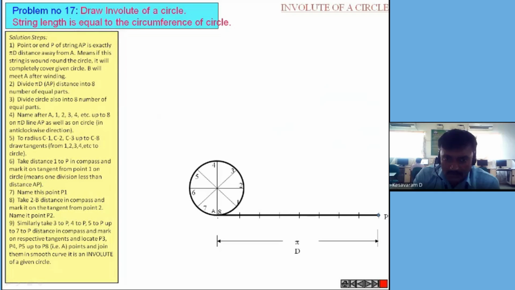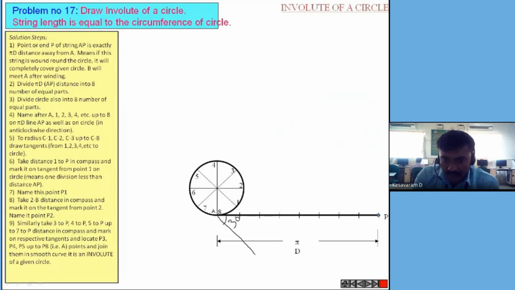So how to divide this line? Draw a line at any inclination, 15 degree or 30 degree. You can draw a line from this point for a known length, for example, 8 centimeter.